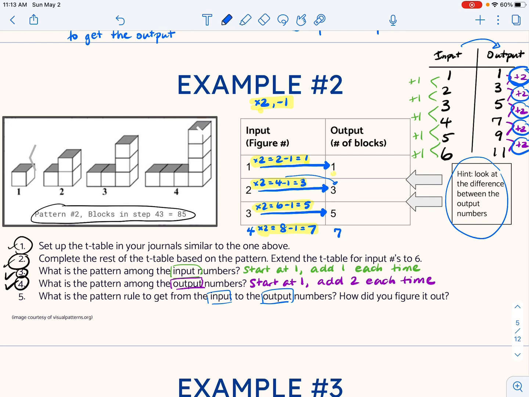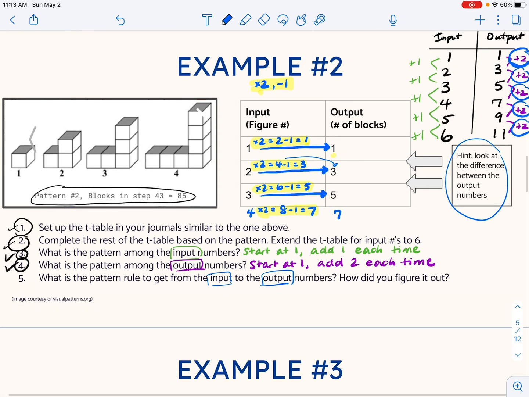So if we answer question number 5, what is the pattern rule to get from the input to the output? Multiply the input number by 2, then subtract 1 to get the output.